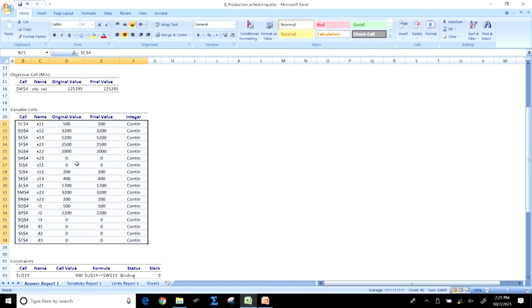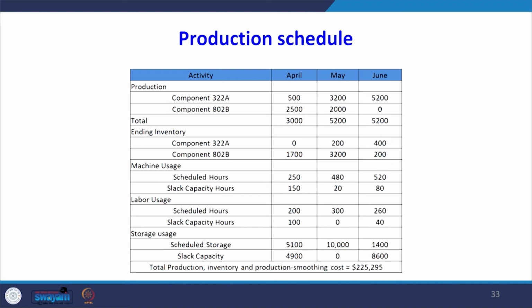This is our production schedule. Now I have brought the production schedule in the form of a table. For example, product A in the month of April, this is the production schedule. Month of May 3,200, month of June 5,200.